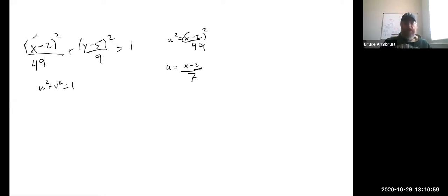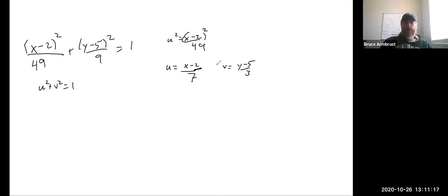You square that, you get this piece, and we're where we want to be. All right, so then what should v equal? (y minus 5) over 3. Beauty. Okay, so if we go with these transformations, this thing just becomes u squared plus v squared equals 1.